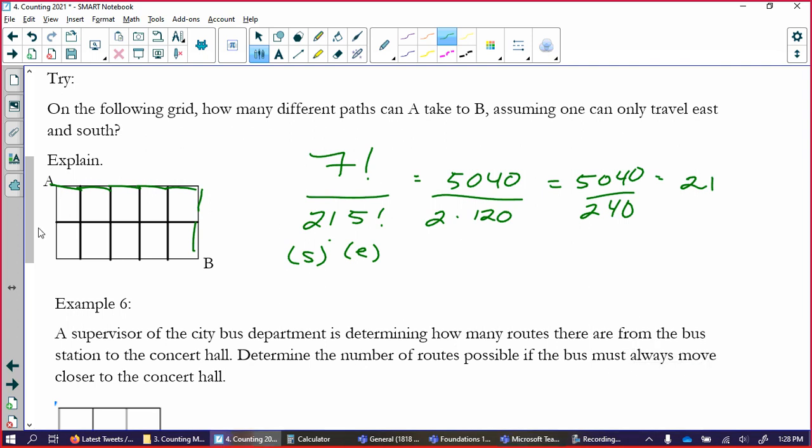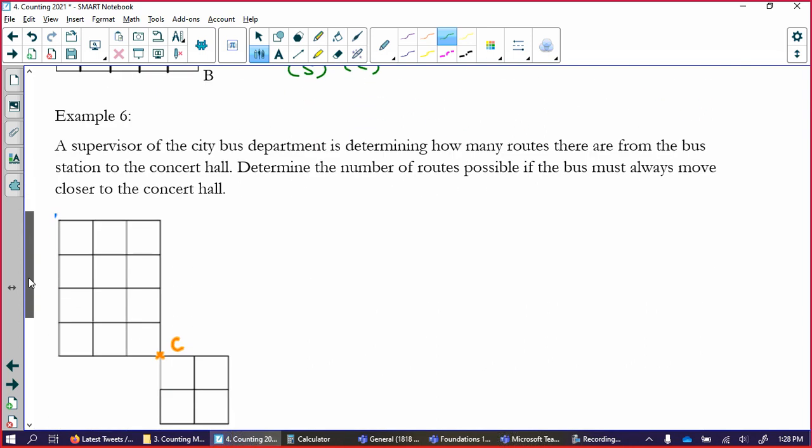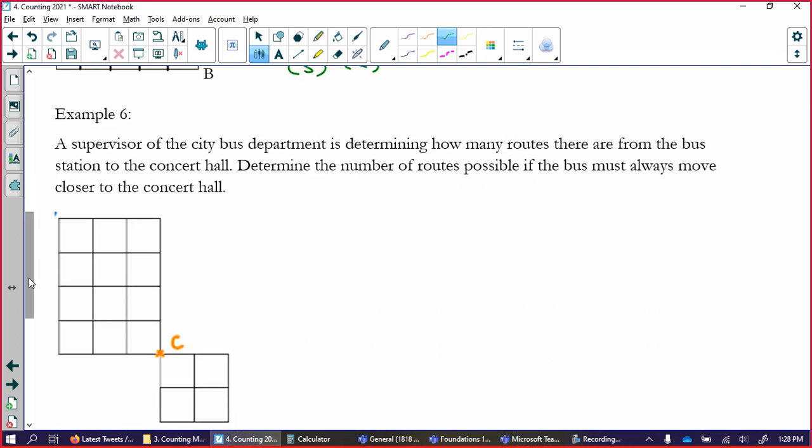A city supervisor with the bus department is determining the route from the bus station to go to the concert hall.